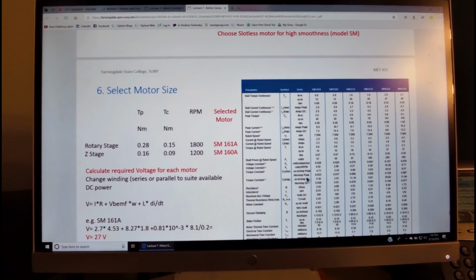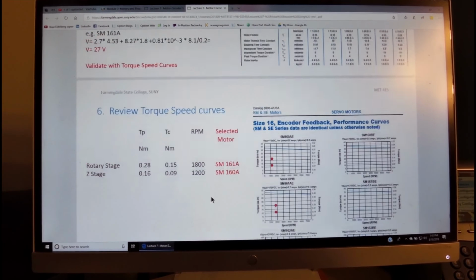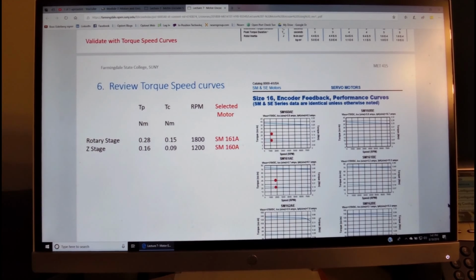And we could make sure that these requirements meet the motor specification by going to the torque speed curve and making sure that the operating point for the continuous torque and the peak torque are both below the selected motor size continuous line and peak line.